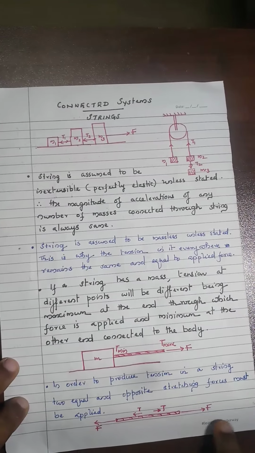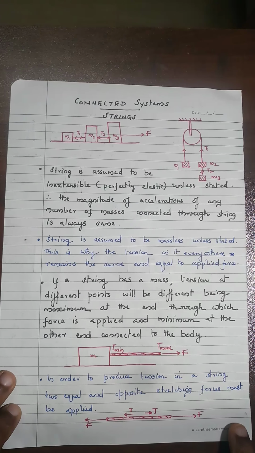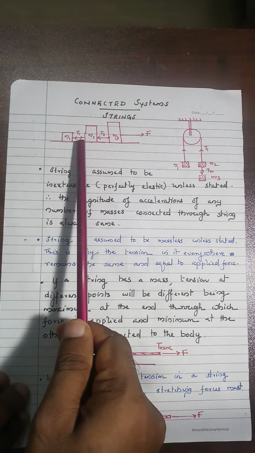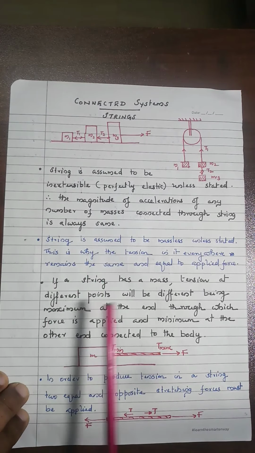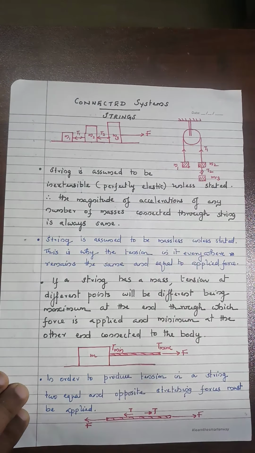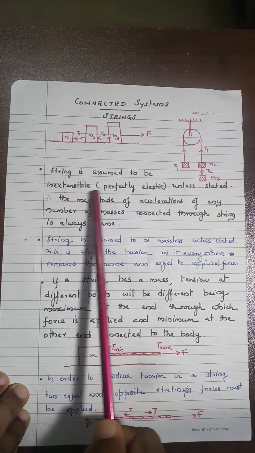See, we can move to another set of concepts, the connected systems. But at first we should know about the string. The three masses are connected by a string. Here the pulley system, the masses are connected with a string. Look at the points carefully. The string is assumed to be inextensible.